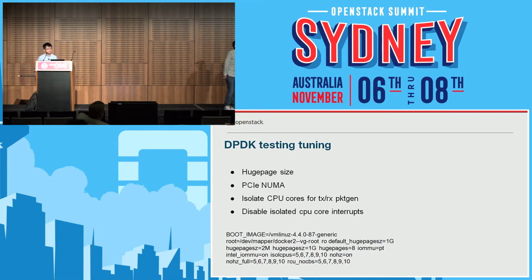This is important, because even though we have isolated the CPU so that this CPU core is dedicated to the DPDK applications, the kernel still allocates interrupts to those cores. We don't want the cores to process those interrupts, so we have to disable the interrupts on those cores.